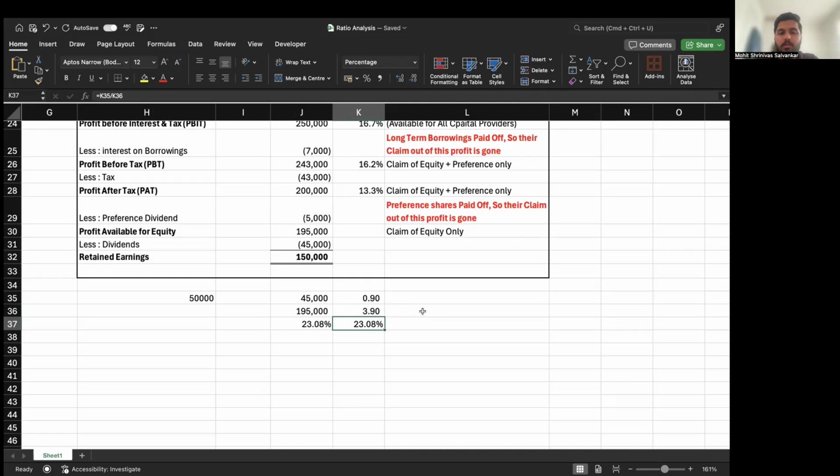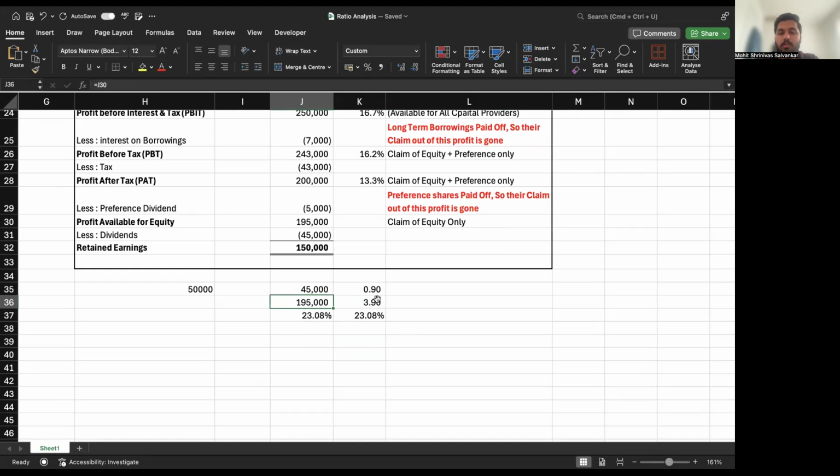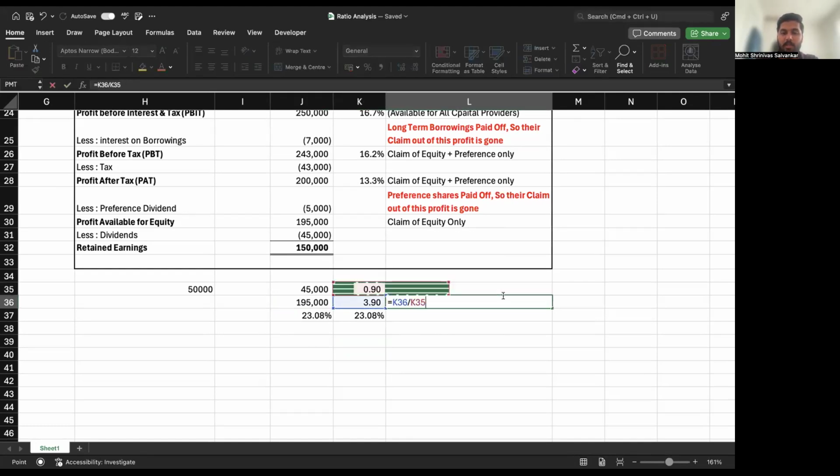If we go to this sheet again, the total profit available for shareholders was 3.9, and out of that we distributed 0.9 as dividend. How many times can we issue this dividend? 4.33 times. So if it is planned to issue all this profit as dividend, we can issue 4.3 times the dividend. That's what this ratio talks about.